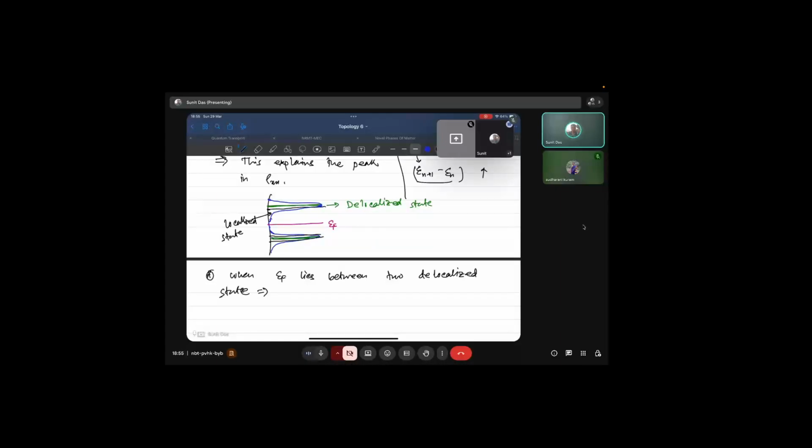The mobility edge essentially distinguishes between localized and delocalized states.